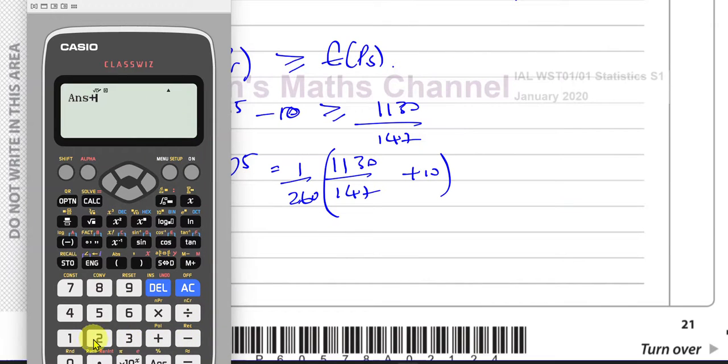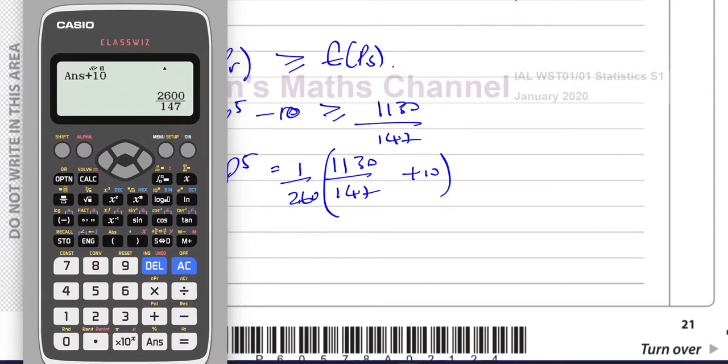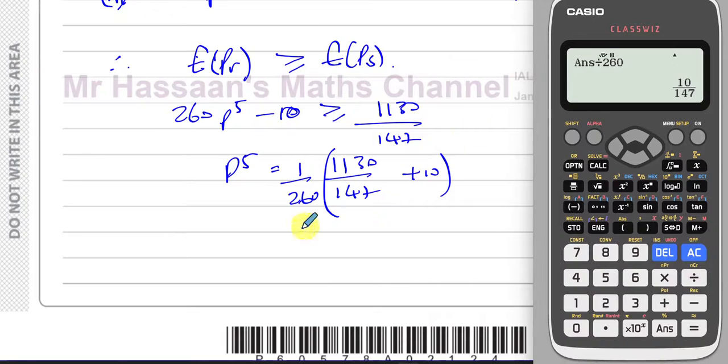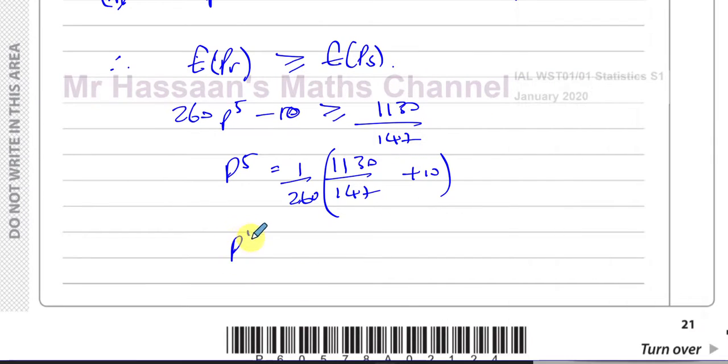That plus 10. Okay, and then divided by 260, which gives 10 over 147. So p to the power 5 is equal to 10 over 147.